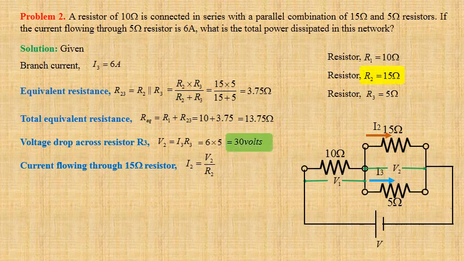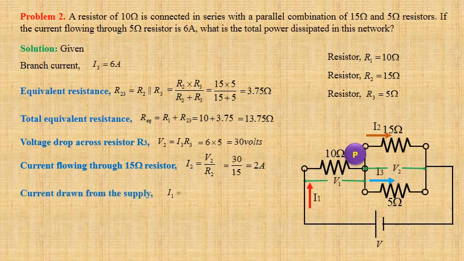Using values we get 30 divided by 15, that gives us 2 ampere. Applying Kirchhoff's current law at node P, we get current drawn from the supply I1 equals I2 plus I3. Using values we get 2 plus 6, that is equal to 8 ampere.